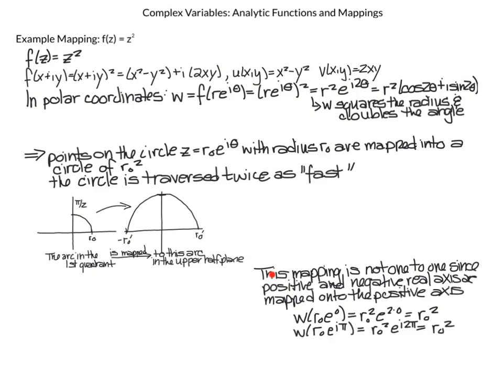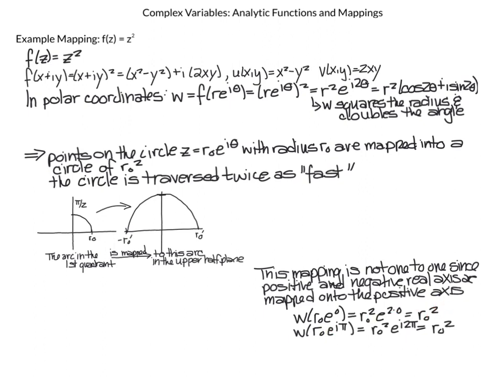And the last thing to note is this map is not one-to-one. You kind of get that feeling because you're traversing it twice as fast. And we can show this specifically by showing that there are 2 numbers in this domain that map to the same number in the range. So w of r naught e to the 0, so over here, r naught, is equal to r naught squared e to the 2 times 0, which is just r naught squared.